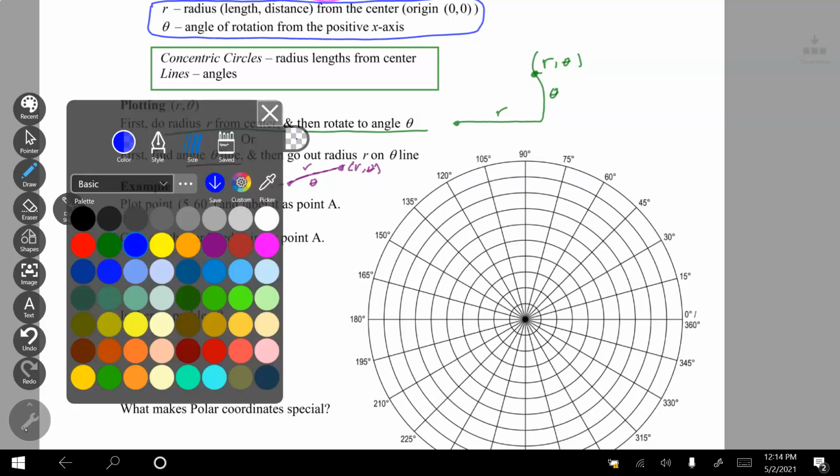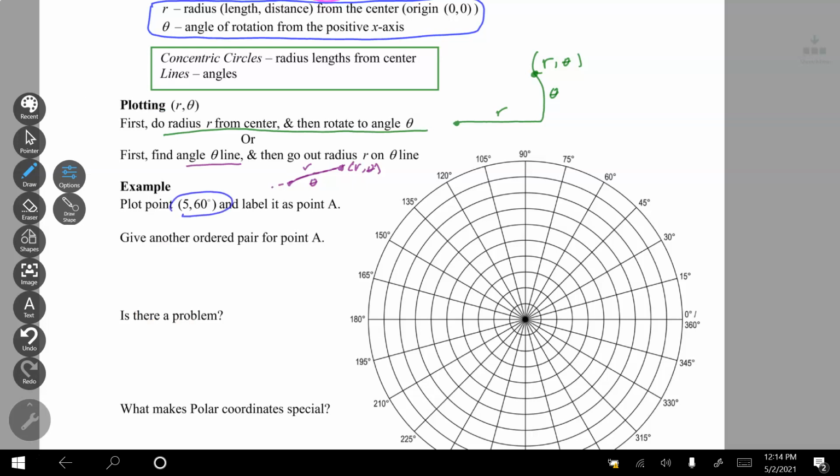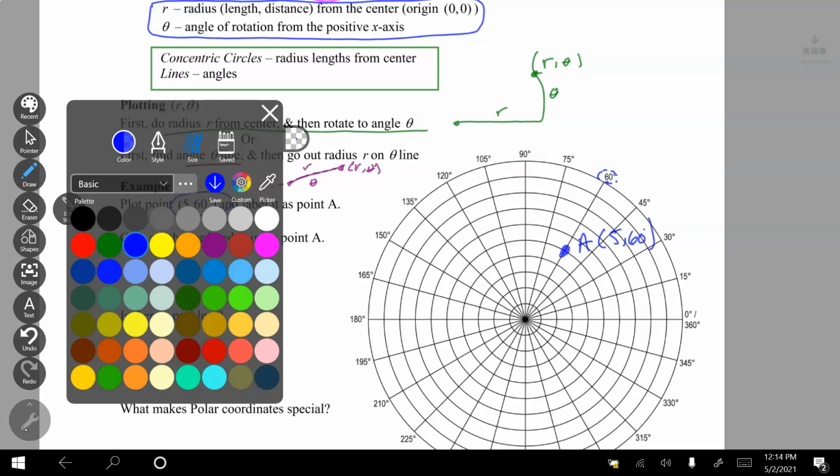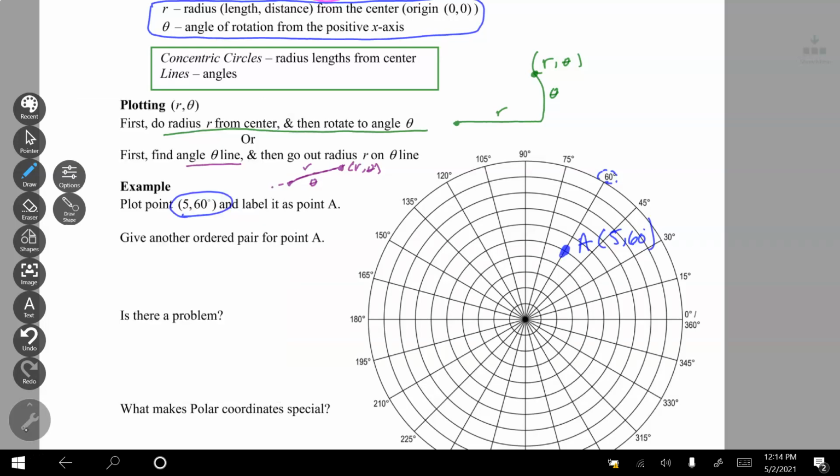So for an example, 5, 60. You can go out 1, 2, 3, 4, 5 and rotate to 60 degrees. Or I find the 60 degree angle line and I go out 1, 2, 3, 4, 5 circles. There's my point A, and that is 5, 60. Now it says, give another ordered pair for this. Well, the one thing I do know is that I can keep on going around and around and around.